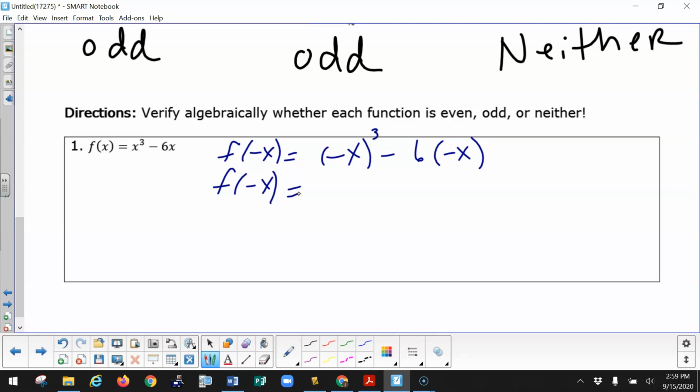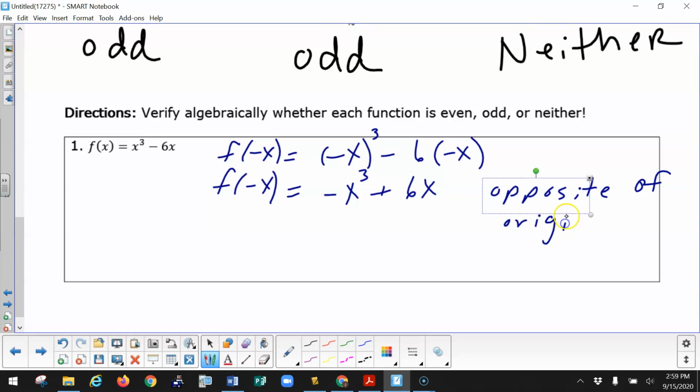When you raise a negative to an odd power, it stays negative. So this first term is negative x cubed. And then negative 6 times negative x is going to turn into positive 6x. As you can see, both my signs have flipped. So this is the opposite of the original. So that means this function is odd, and it means that it has symmetry about the origin.